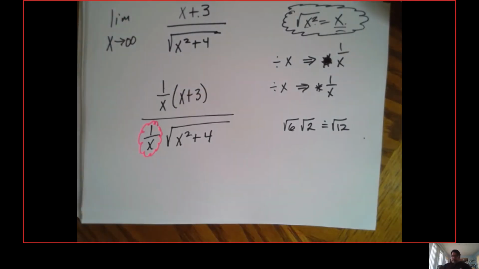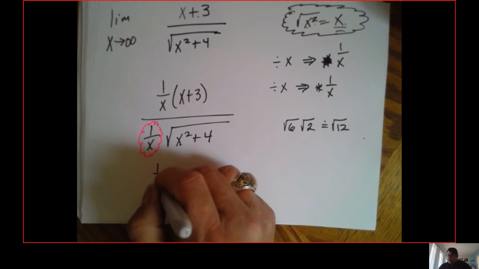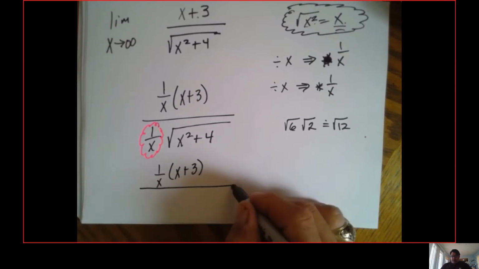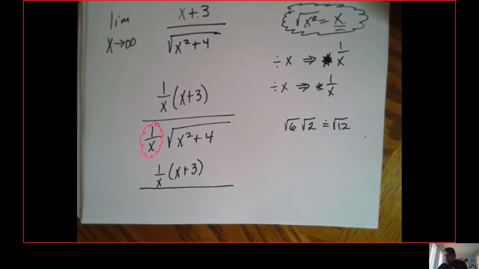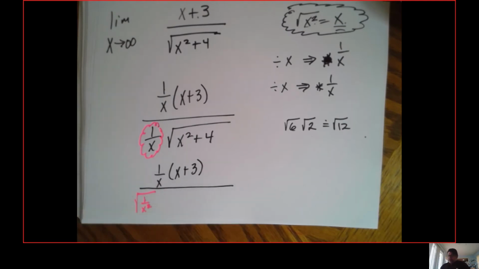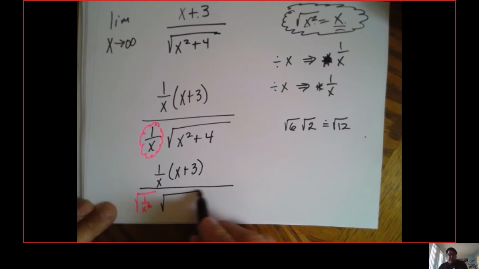So I'm going to take the square root of 1 over x squared. I'm going to change this into the square root of 1 over x squared. Okay? So I'm going to rewrite this. 1 over x times x plus 3, over, and I'm going to leave this in pink, the square root of 1 over x squared times the square root of x squared plus 4.